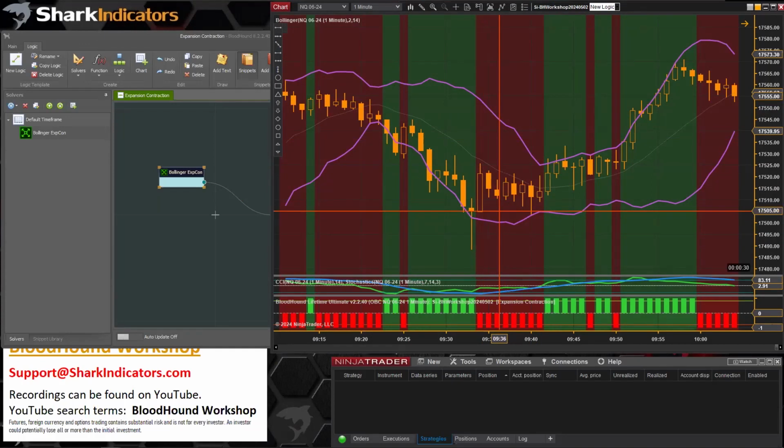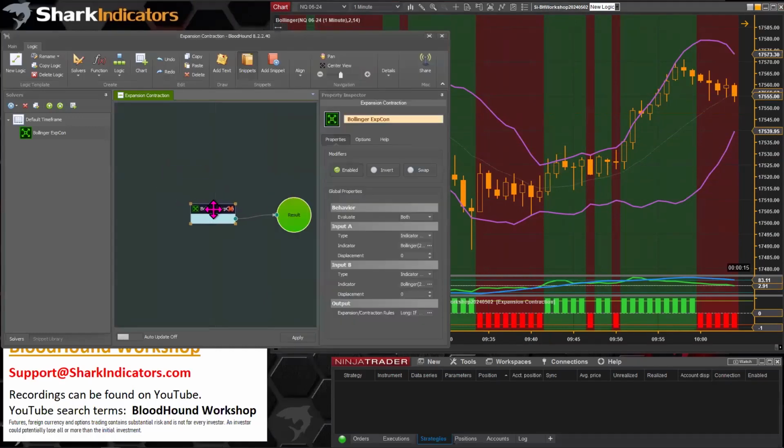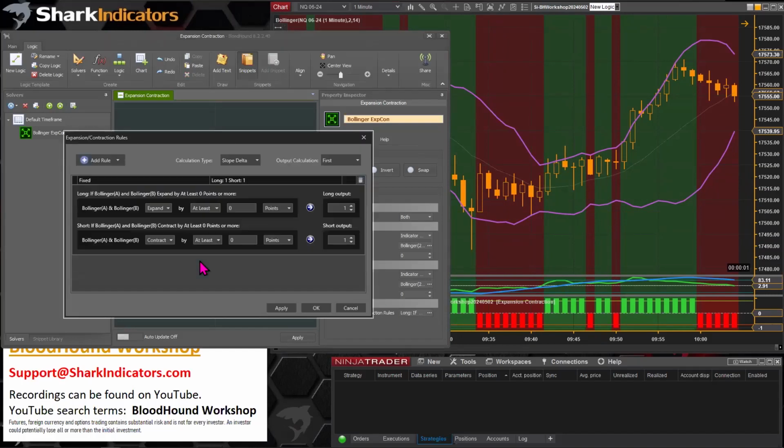That just means there's less volatility, at least with the Bollinger. And if something's expanding, usually that means the market volatility is growing, and that's not indicative of going long. So I'd say the majority of the time you're going to want to go into the output section here and change things. Expansion and contraction has nothing to do with market trend direction.